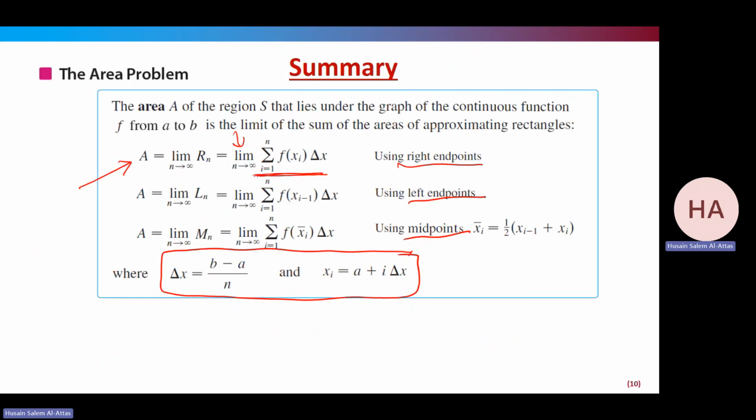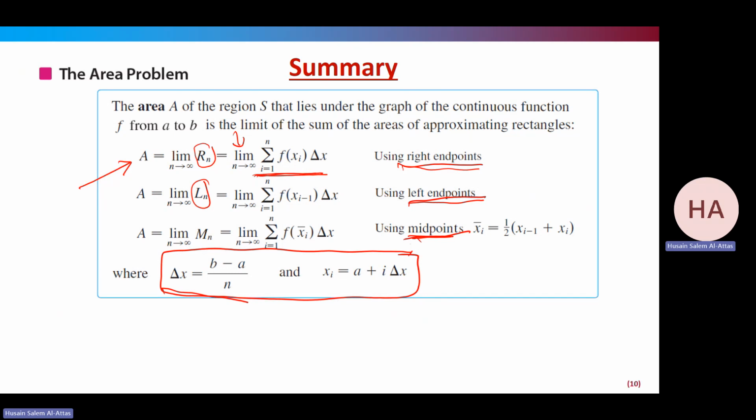Mainly this is what we have, where I have Rn and Ln, where I use either the right endpoint or the left endpoint, or the midpoint. Also, we'll do some problems with the midpoint, and I have delta x is b minus a over n.